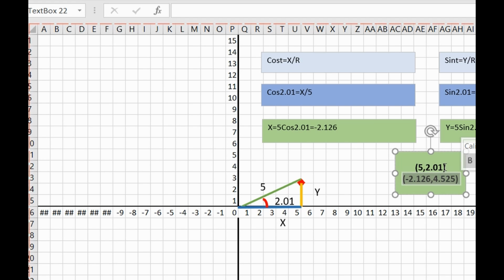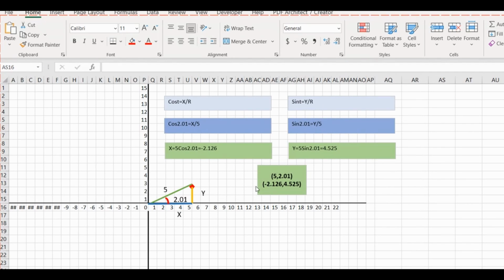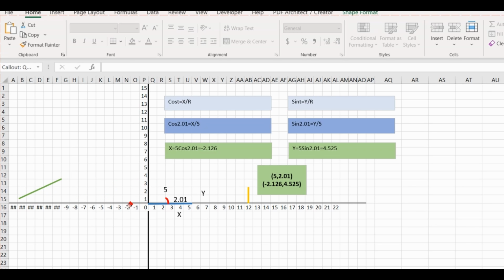We converted from here to there. And now we find out this is not the right point. The correct point should be, changing from here, minus 2.1 something and 4.5. 1, 2, 3, 4.